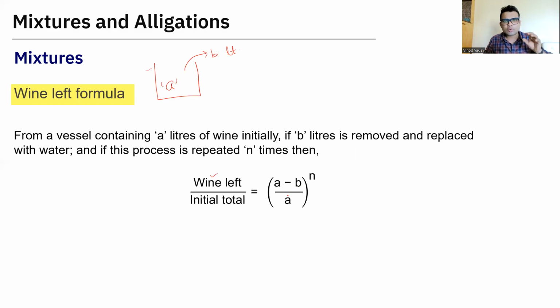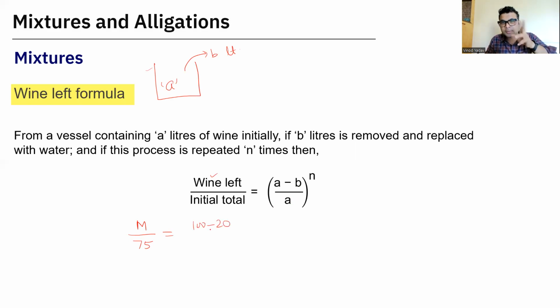Correct? A was the original quantity. B is the quantity you are removing and replacing every time. And n is the number of times you are doing this operation. So milk left out of initial total, connecting to the previous example, is equal to 75 times (100 minus B) upon 100.